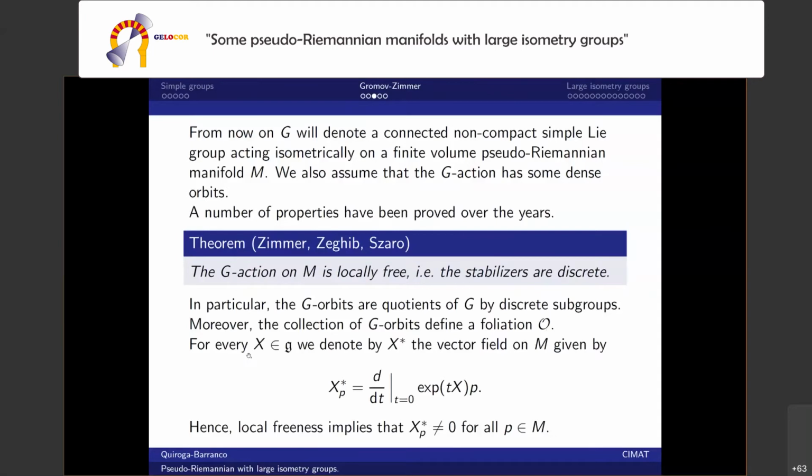If you take an element X in your Lie algebra, X star is the induced vector field on your manifold. Just exponentiate, let it act, and then take the differential. This implies that these vector fields never vanish. These vector fields are actually the spanning fields for the tangent bundle to the foliation O.